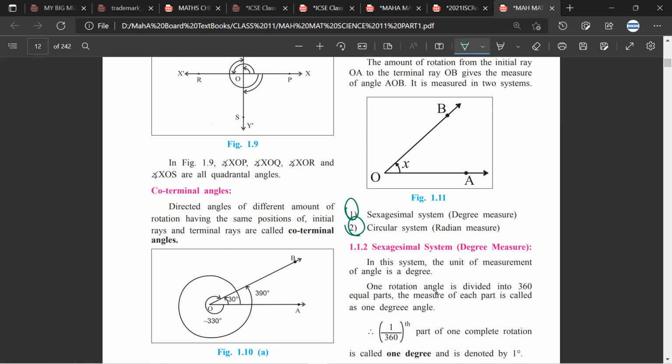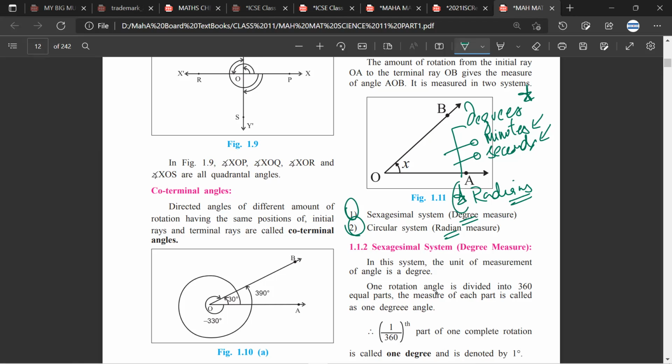We'll be understanding degrees and radians. You know what are degrees. Degrees can be further subdivided into minutes and seconds. This you are aware of. This would be new for you, and we'll learn a new thing which is called radians. So again, simple things, but new things.